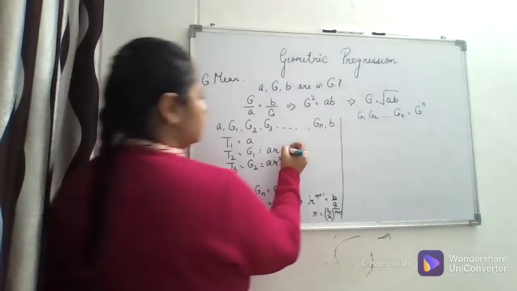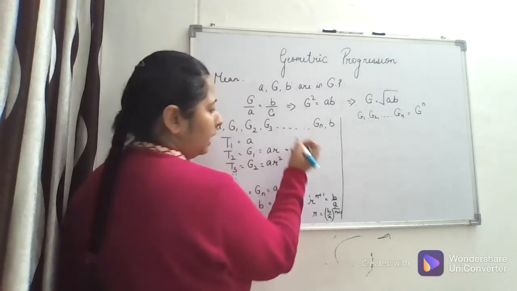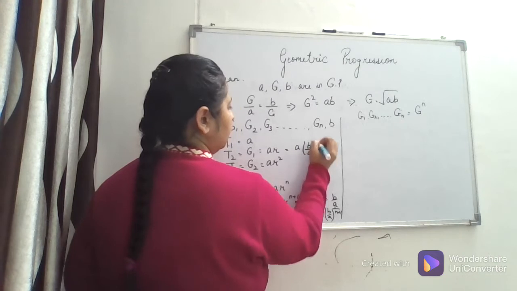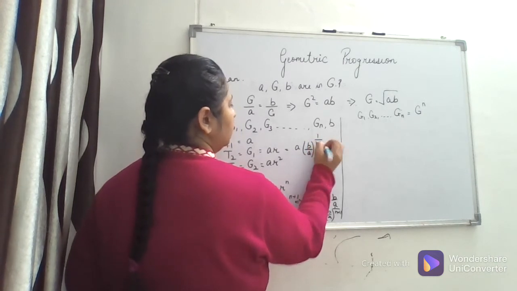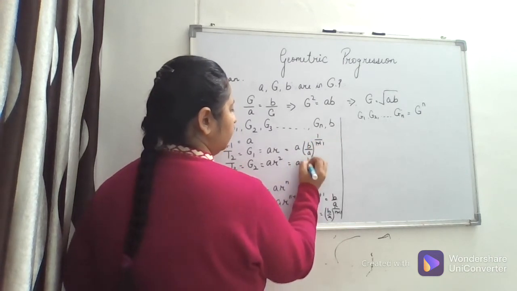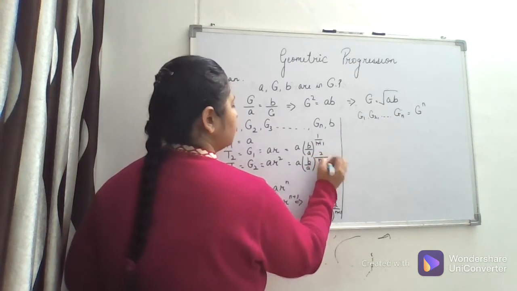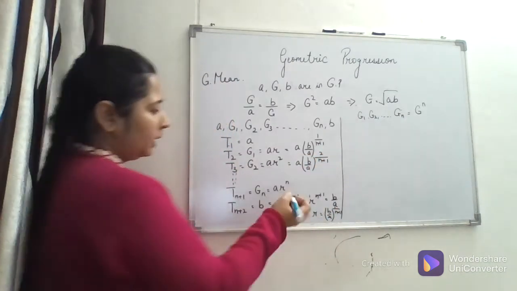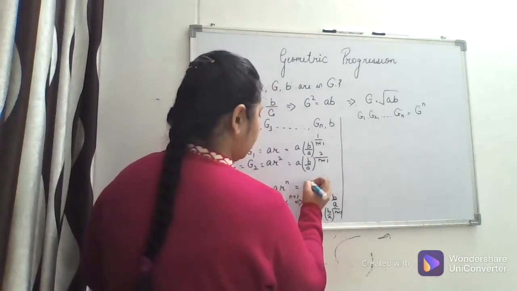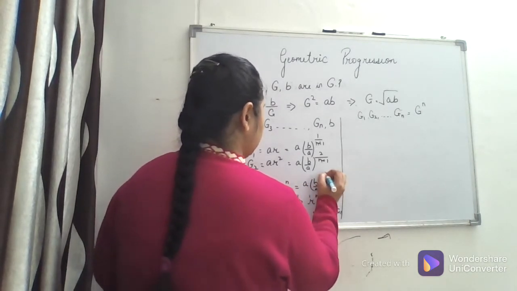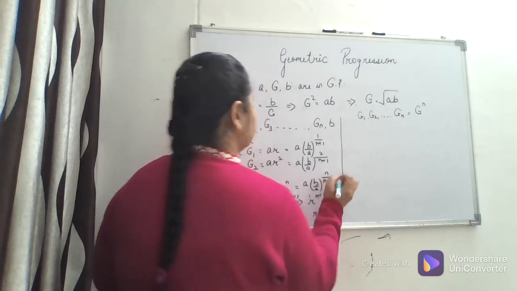Now AR, putting the value of R over here, is A into B by A raised to 1 by n plus 1. This is A, B by A raised to 2 by n plus 1. Similarly, AR to the power n is A, B by A raised to n by n plus 1.